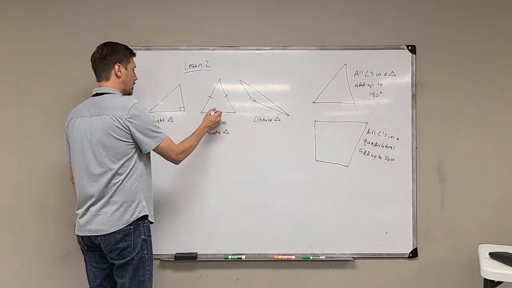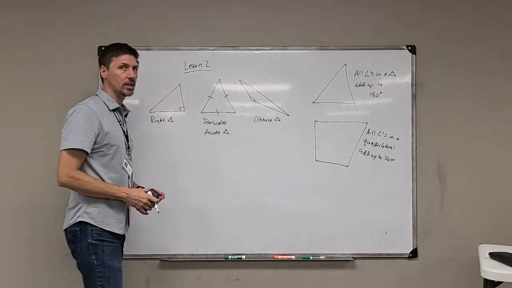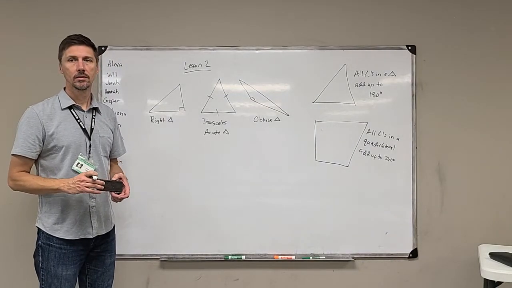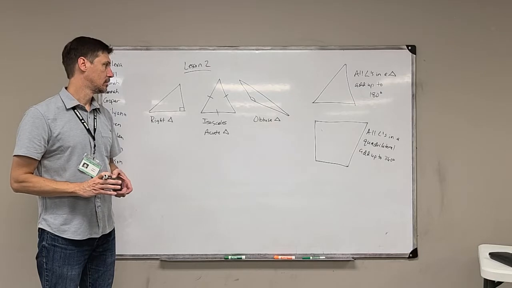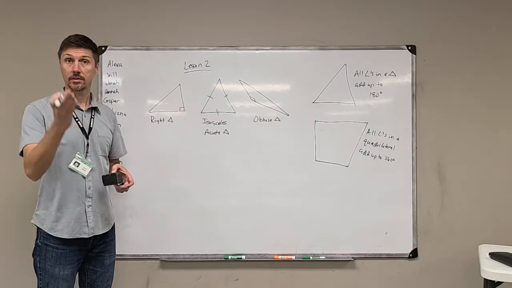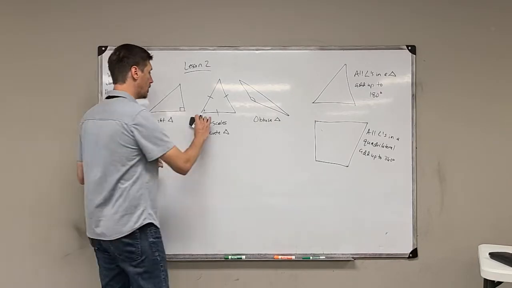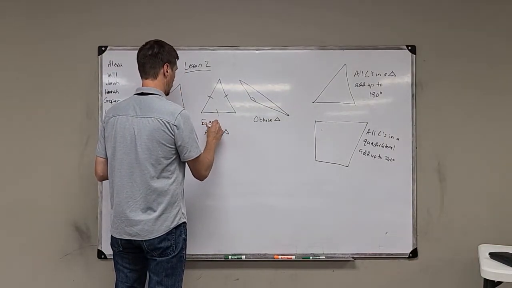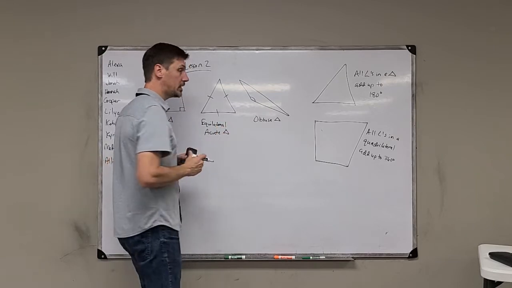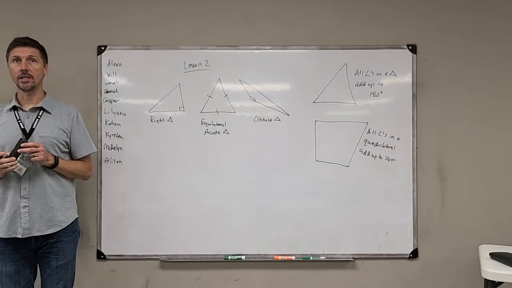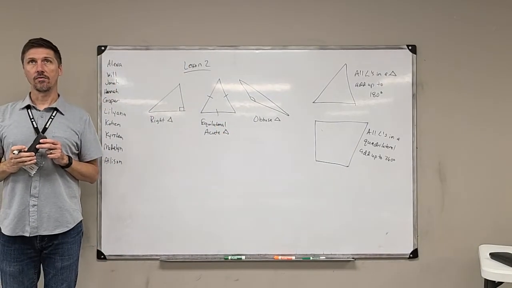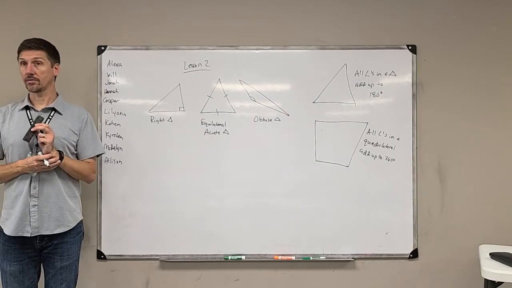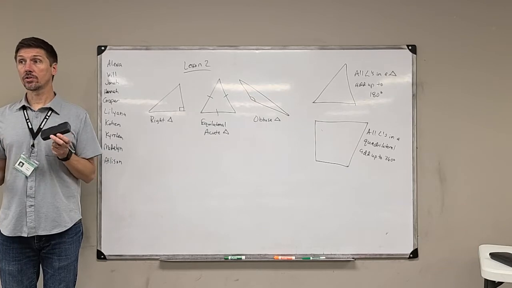Now, if I said this was the case, what would we change the name to? Equilateral. I would say an equilateral acute triangle. But what did we say about triangles? If the sides are all the same, what does it mean about the angles, and vice versa? This is only true in a triangle.